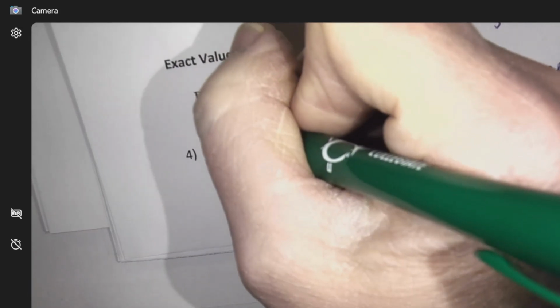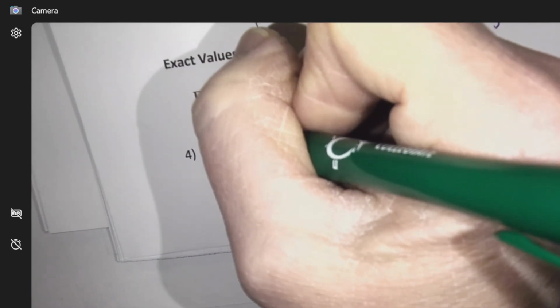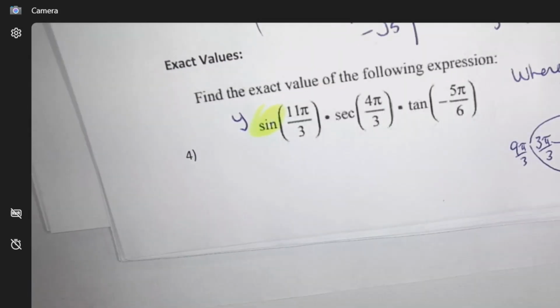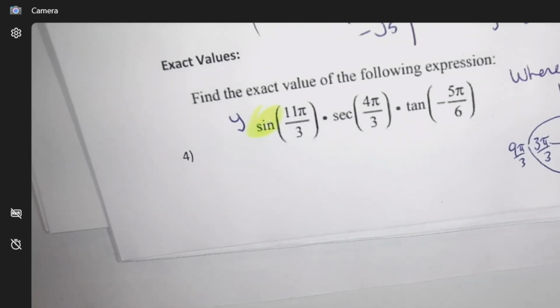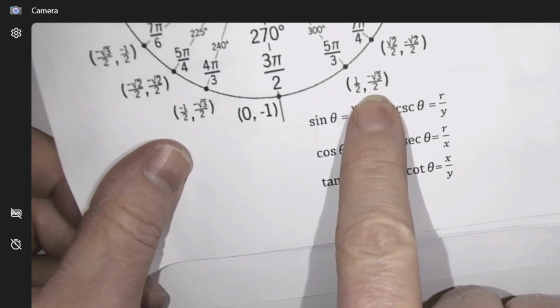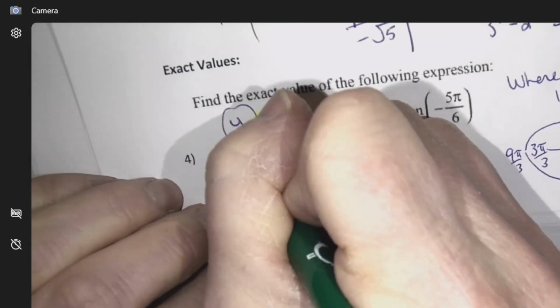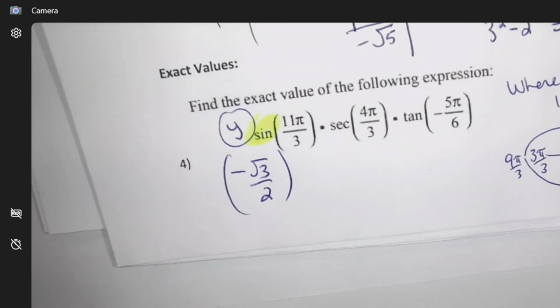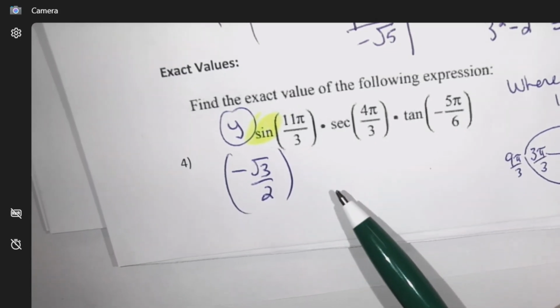Y over R. Why did you not tell me about the R? Because it's always 1. Because it's on a unit circle, it's 1. So y, so what am I doing? Negative root 3 over 2. Don't say that, because I'll finish it.